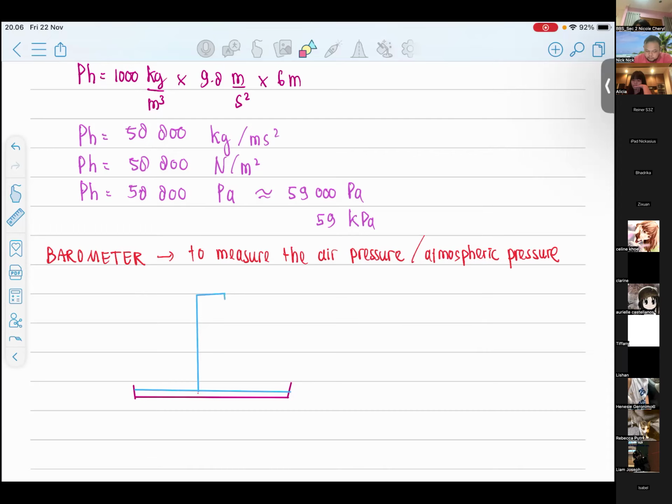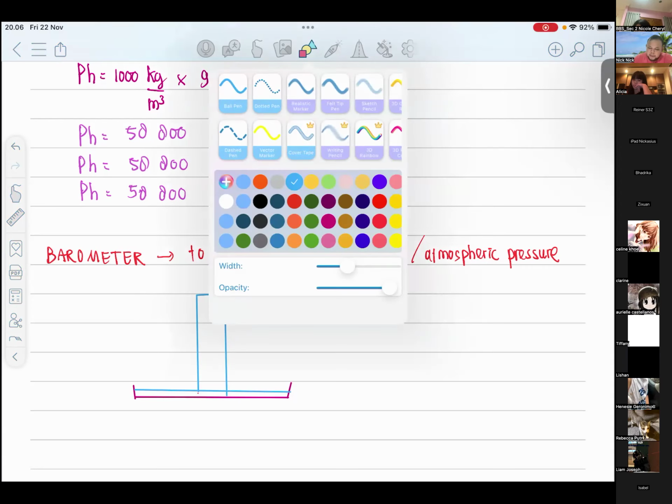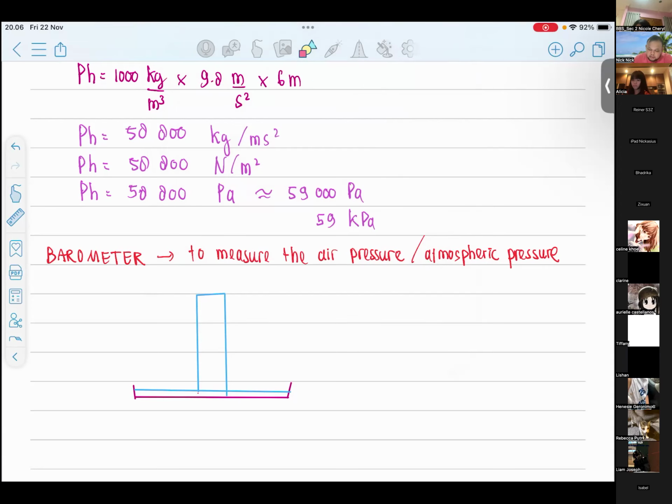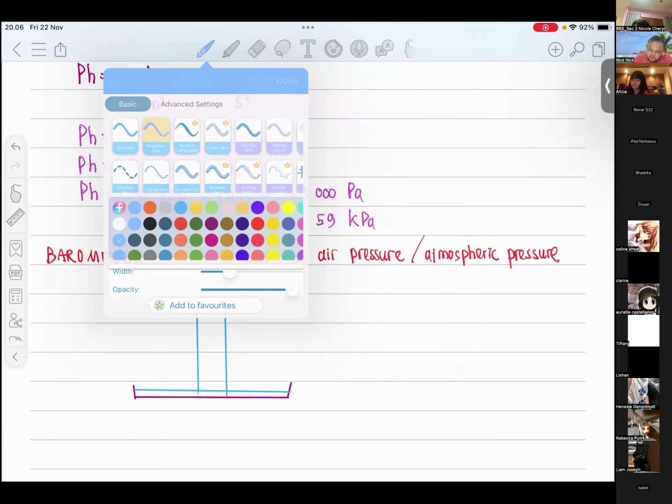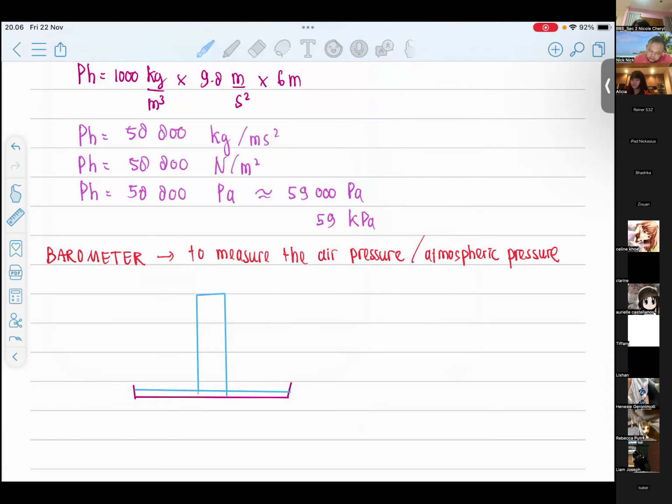The test tube is filled with mercury. So this is what is inside, students? Mercury, and here it is vacuum.